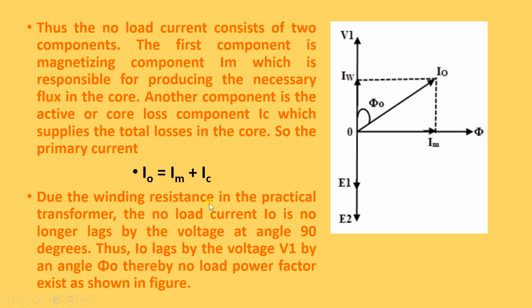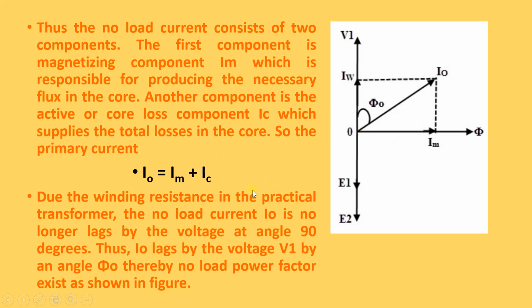Due to the winding resistance in the practical transformer, the no load current I0 no longer lags the voltage by 90 degrees. Thus I0 lags the voltage V1 by an angle phi naught. Thereby the no load power factor exists as shown in the figure.